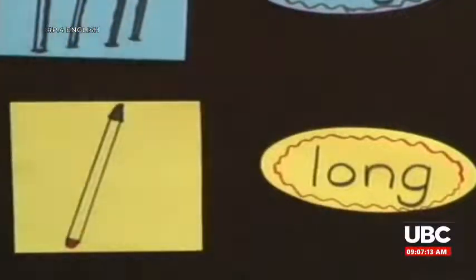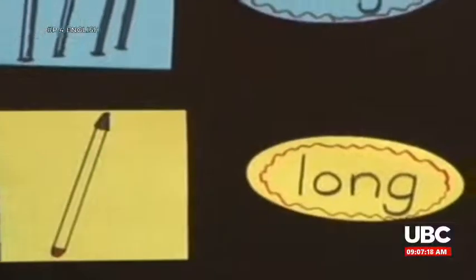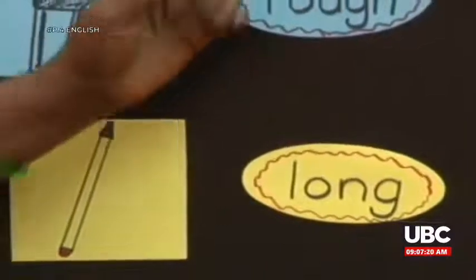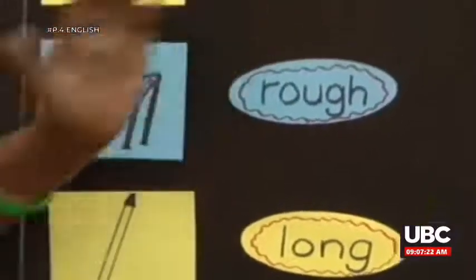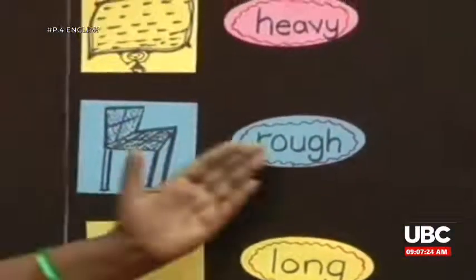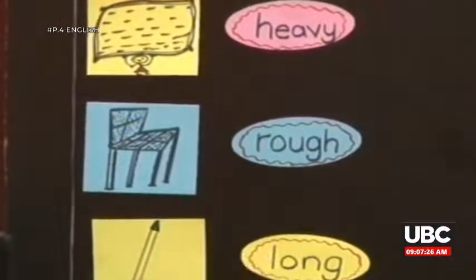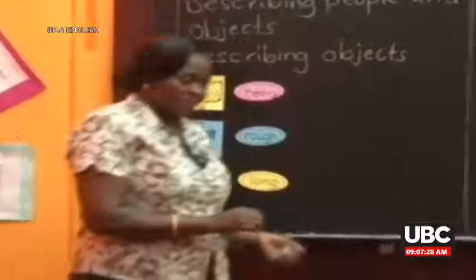Remember, children, we are looking at the adjective words which we use to describe objects. So what we have here are the simple objects which we are trying to describe using our adjective words, like heavy, rough, and long. Let's continue.